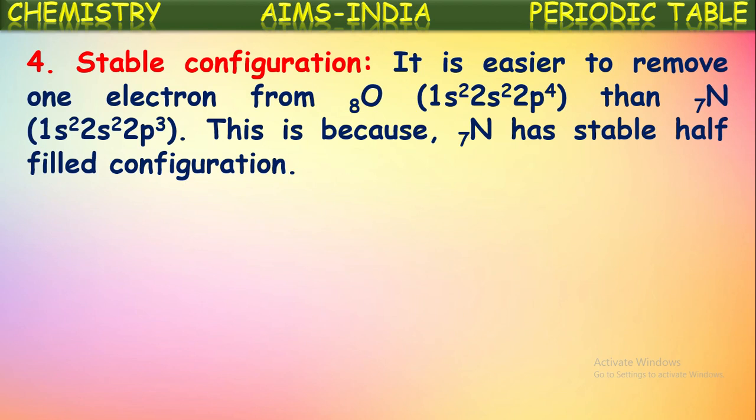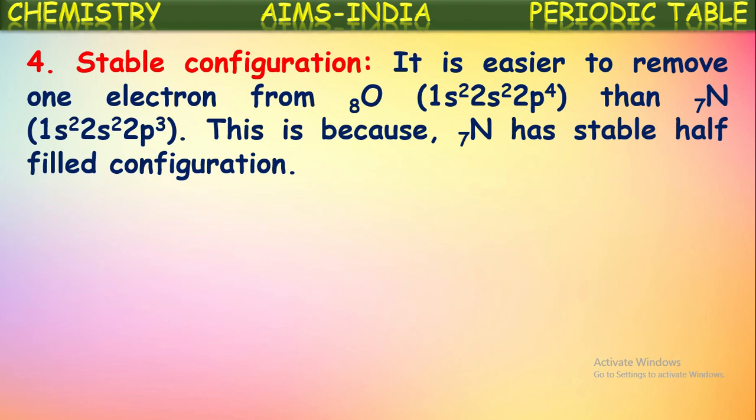Next factor is stable electronic configuration. Yes, some elements have stable outermost electronic configurations, like half-filled or completely filled configurations. These elements attain some extra stability, and hence they require more energy than expected for the release of electrons.